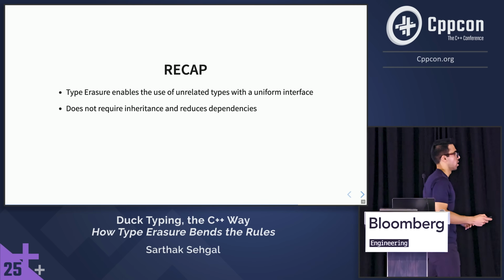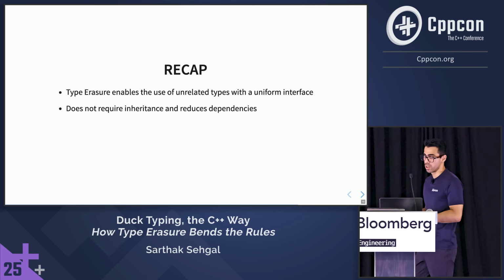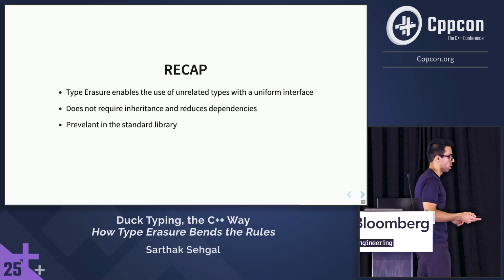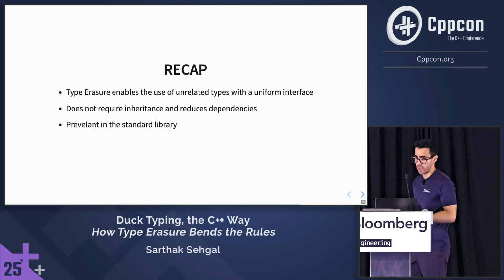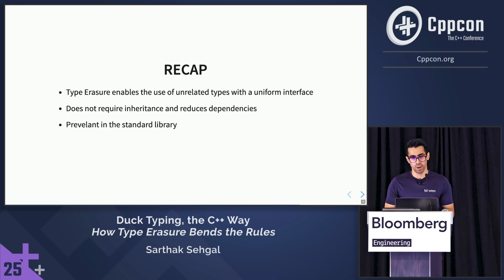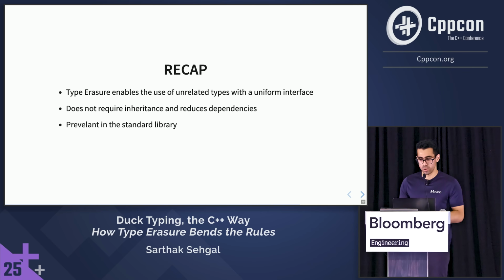Type erasure does not require inheritance and reduces dependencies between various types. It is prevalent in the standard library. As you saw, we saw the example of std function and std any. I believe I've got some time to go over std shared pointer as well, just to give you another taste of type erasure. So I'm going to discuss that soon.